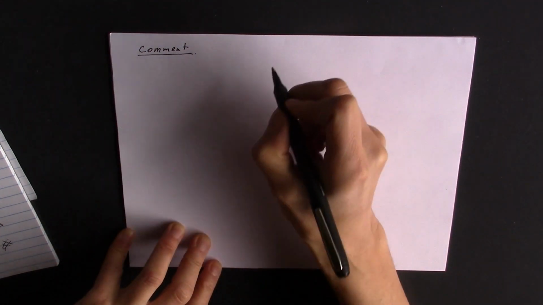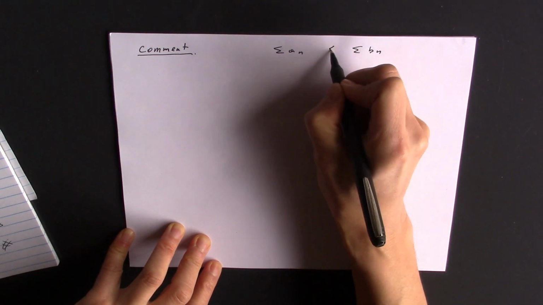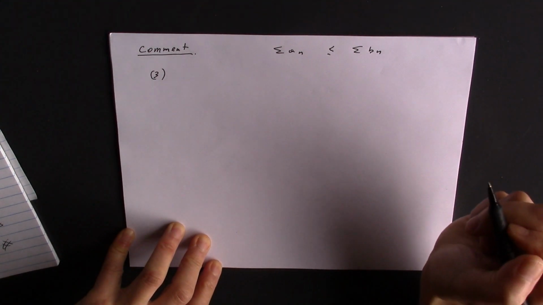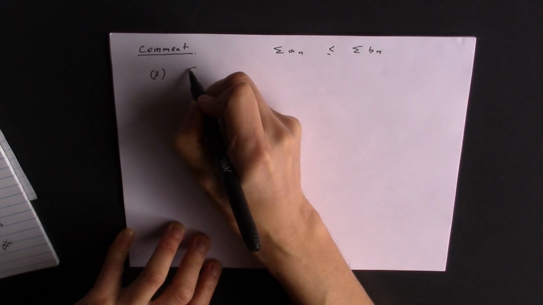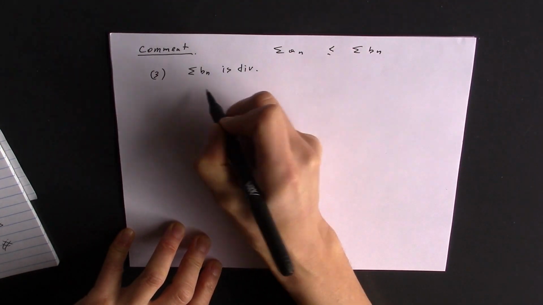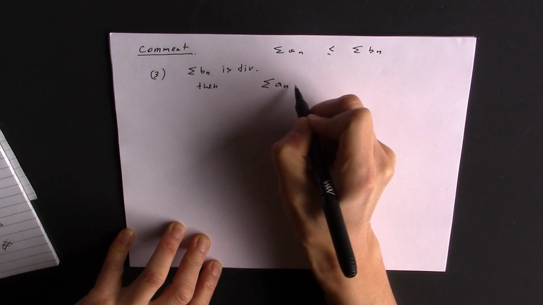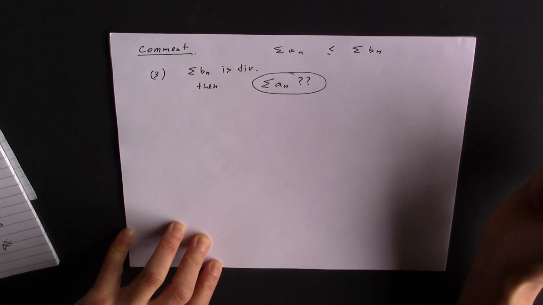And a comment. In the previous setting, we have two series and a bigger series. We did cases 1 and 2. Case 3, if our bigger series is divergent, then we cannot say anything about the smaller series, because our smaller series can be either a finite number or infinity.